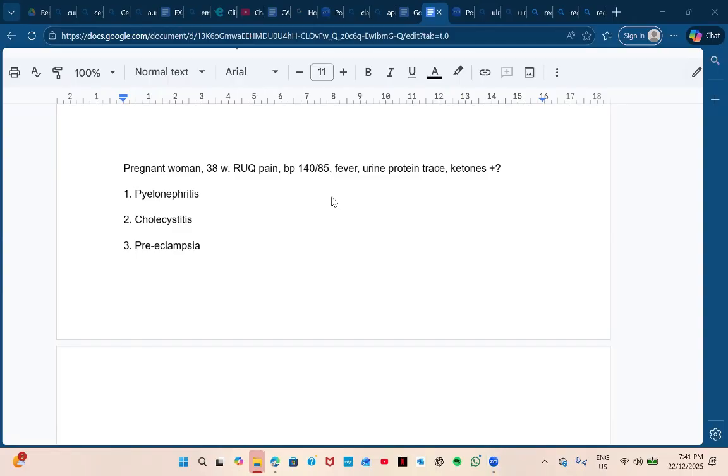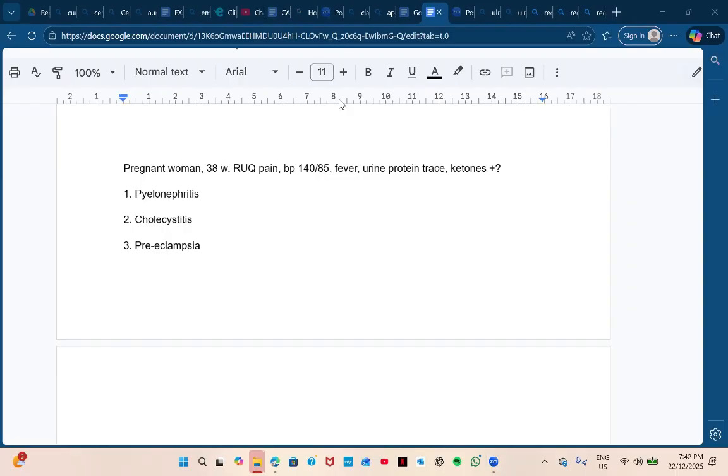Yeah, you have to think about each and every symptom, right? So fever is related with cholecystitis, and the right upper quadrant pain and fever are related with cholecystitis. Urine protein, we don't know how much, right? And ketones in pregnancy can sometimes be plus due to dehydration, only +1.